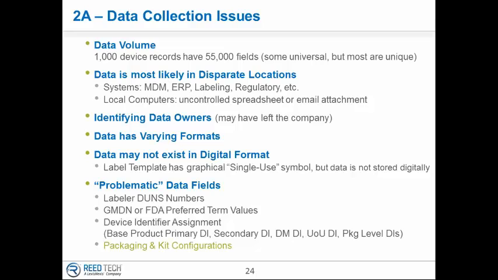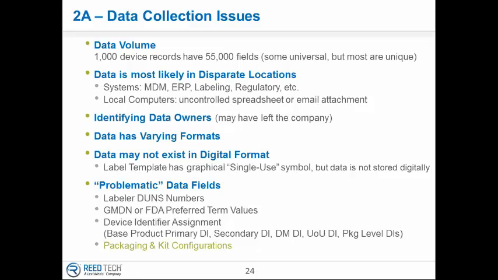So some of that obviously may be similar and reusable, but most are going to be unique. That's why they are unique devices. Again, data being in the disparate locations, so identifying where that is, getting it, and consolidating it. But still, start keeping in mind how can we now end this and start centralizing this data later.